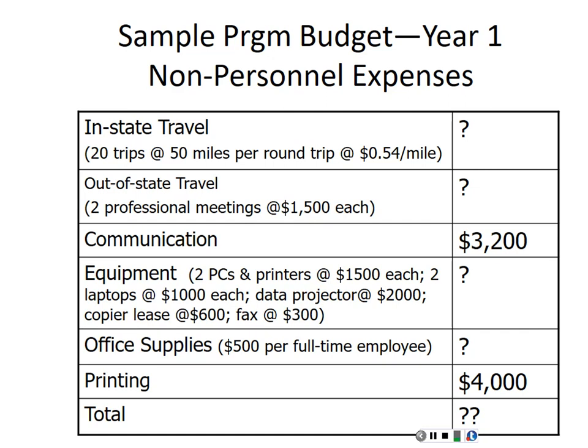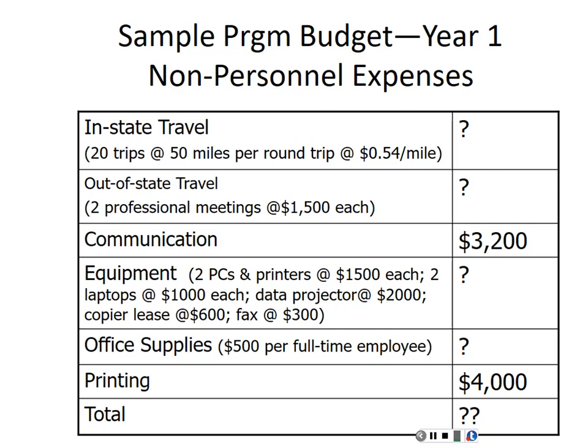Out-of-state travel, however, is typically calculated or budgeted for differently, okay, based on trip or meeting or event that the staff will go to, okay. The estimate per trip or per meeting again can vary. A typical estimate is $1,500 per trip to cover the cost of the airplane ticket, the hotel accommodation, ground transportation, and per diem.